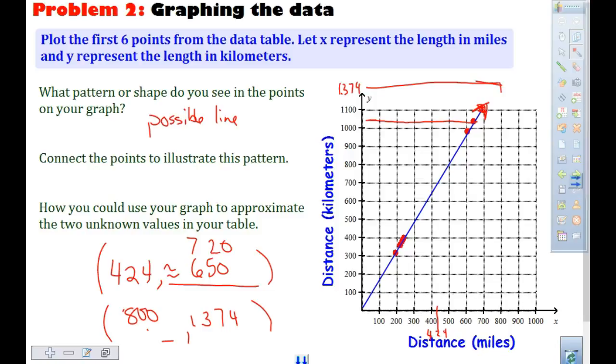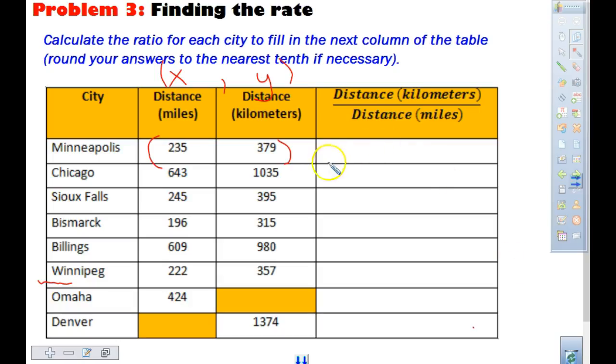All right, so let's now go here, and on the bottom, this is where you need your calculator. We're going to do some division. It tells us we're going to put kilometers on the top, and we're going to divide it each time by our miles. You don't have to write this down. You just need to put 379 in your calculator first, right?